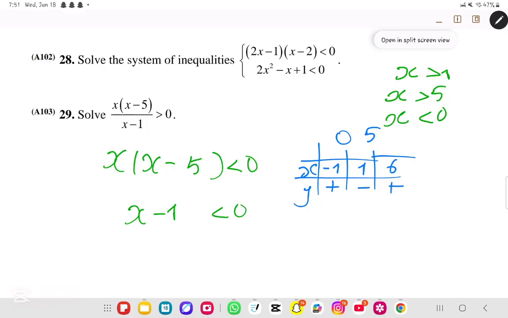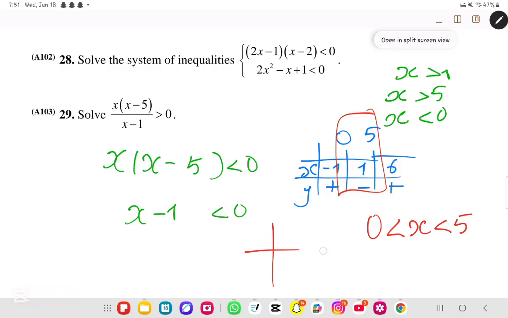So where is the condition where it is only negative? The solution is in between 0 and 5. In between 0 and 5, it will be a negative value. So this is another possible answer.